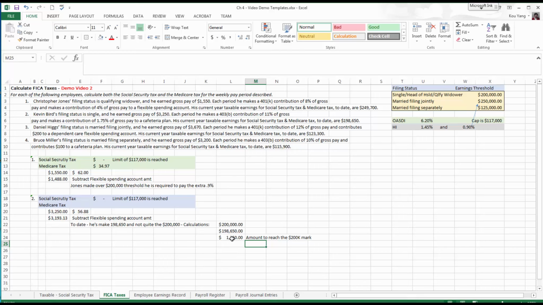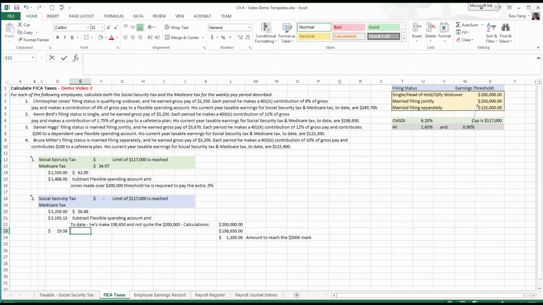Okay. Because this amount is needed to reach that 200K mark, this amount will be the amount that is subject to the regular 1.45% tax. So I'm going to go ahead and take $13.50 times the 1.45%.